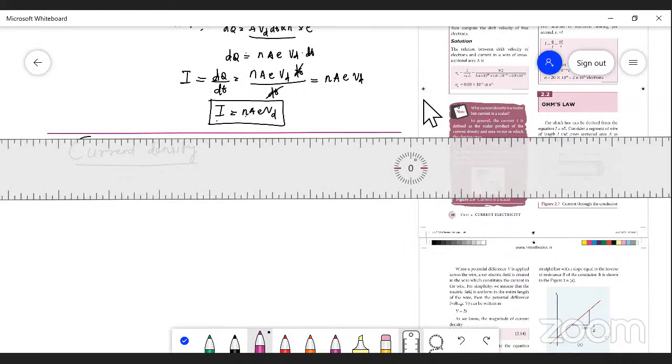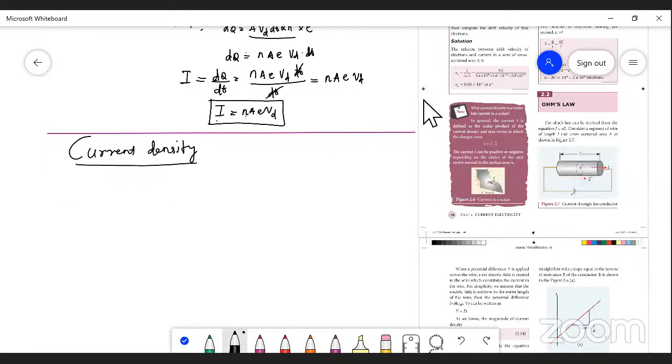Current density is the rate of flow of charge through any given cross-sectional area of a conductor in unit time. J equals Q by t divided by A. Or otherwise, we can simply say current density is the amount of current flowing through a given cross-sectional area of a conductor.